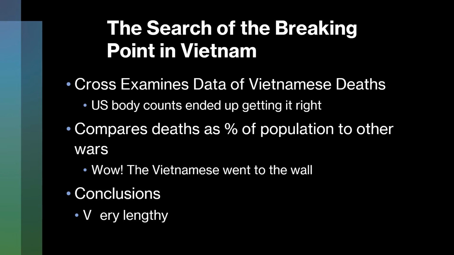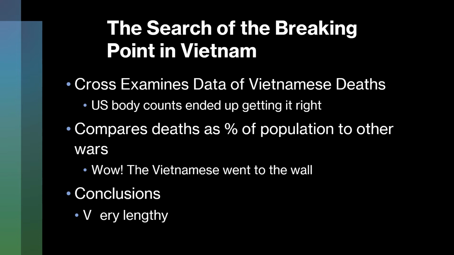The next thing is he takes that and says, all right, let's look at what percentage of the Vietnamese population this was. And then let's compare that percentage to what happened to other countries in other wars. And so he goes to databases and does a comparison of that number to others, to get a sense of, okay, that many people, what's that mean, right? And the conclusion there is, wow, the Vietnamese went to the wall.